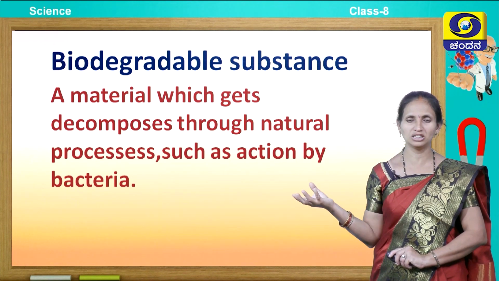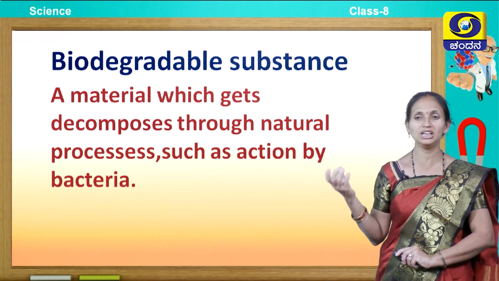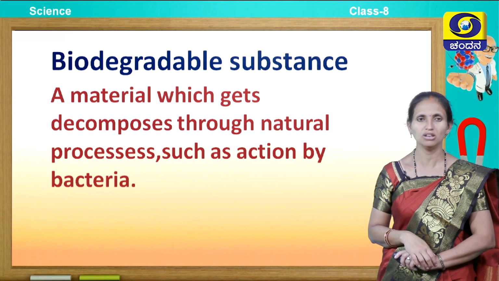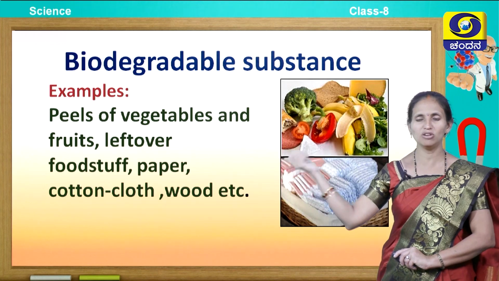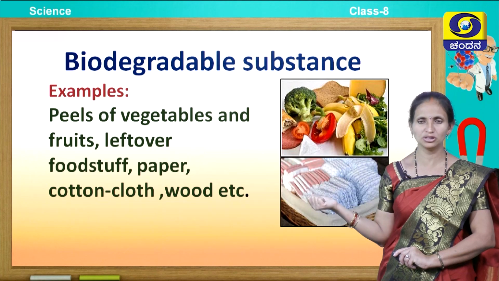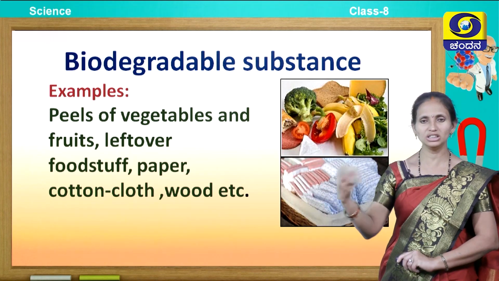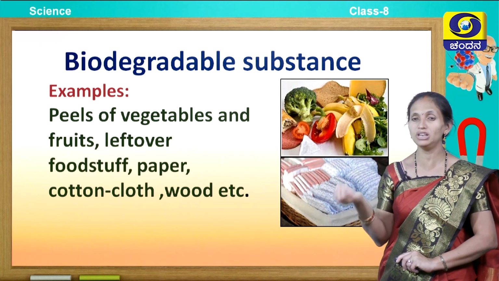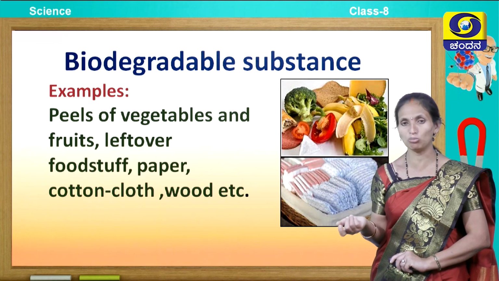The bacterial action, the microbial action helps in the decomposition of some material, it decays. That process is known as biodegradation. Some examples of biodegradable substances are peels of vegetables and fruits, leftover foodstuffs, paper, cotton clothes, wood, etc. They can be naturally degraded by microbial actions, they can be decomposed.